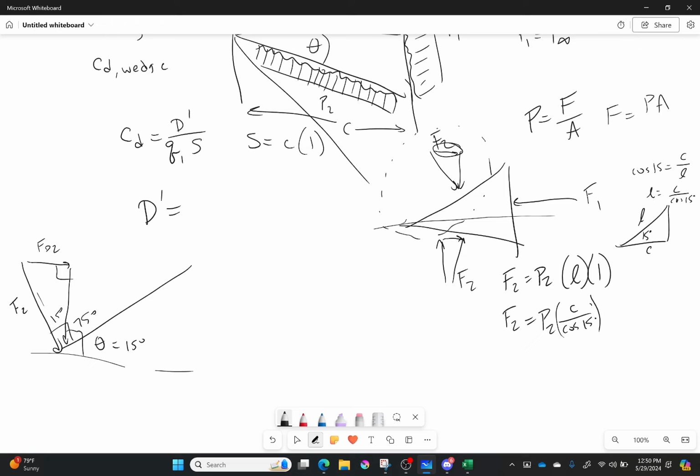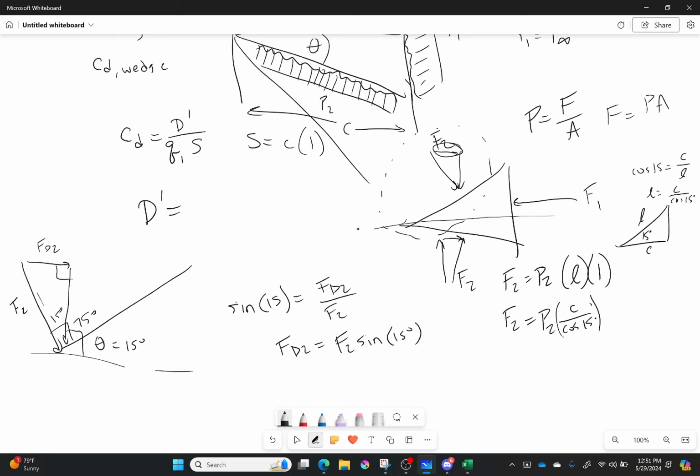Force drag 2, okay, so that's 15. That's opposite over hypotenuse. So sine of 15 degrees is going to be equal to force drag 2 over force 2. Okay, and so then force drag 2 is going to be equal to F2 sine of 15 degrees.